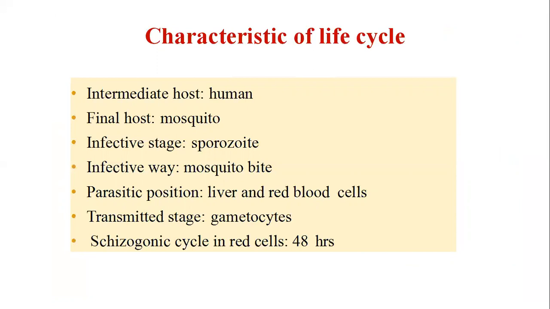The parasitic position is the liver as well as red blood cells, and the transmitted stage is the gametocytes, because they are transferring from human to mosquito again. And the schizogony cycle in red blood cells is 48 hours, meaning asexual reproduction takes 48 hours.